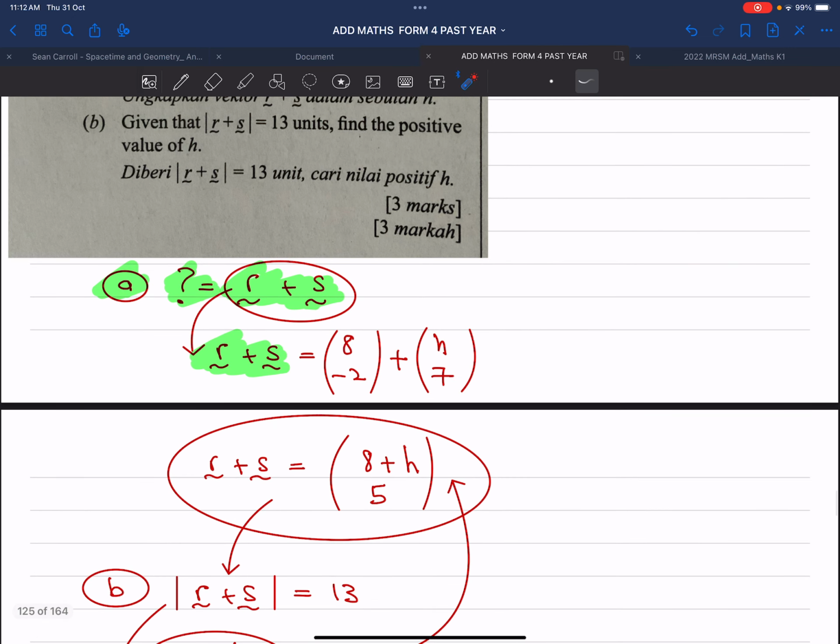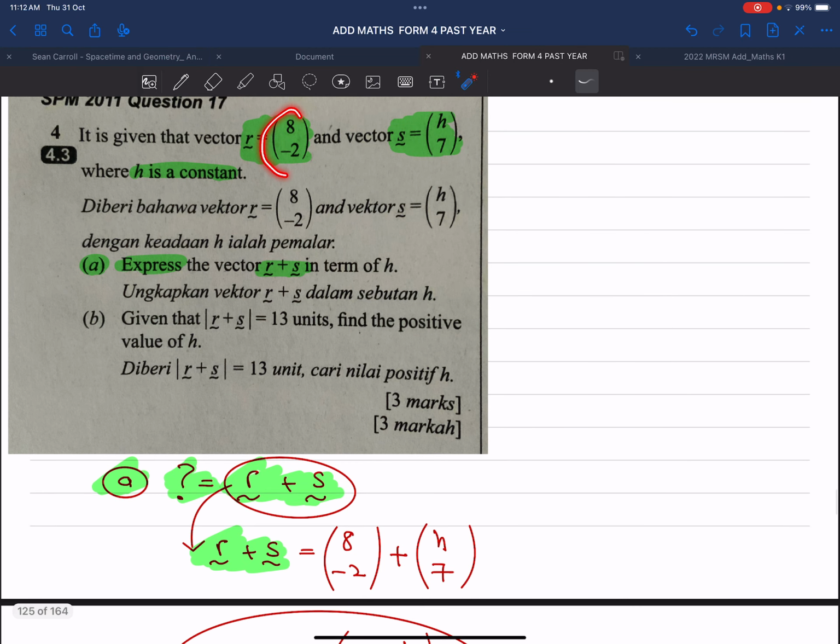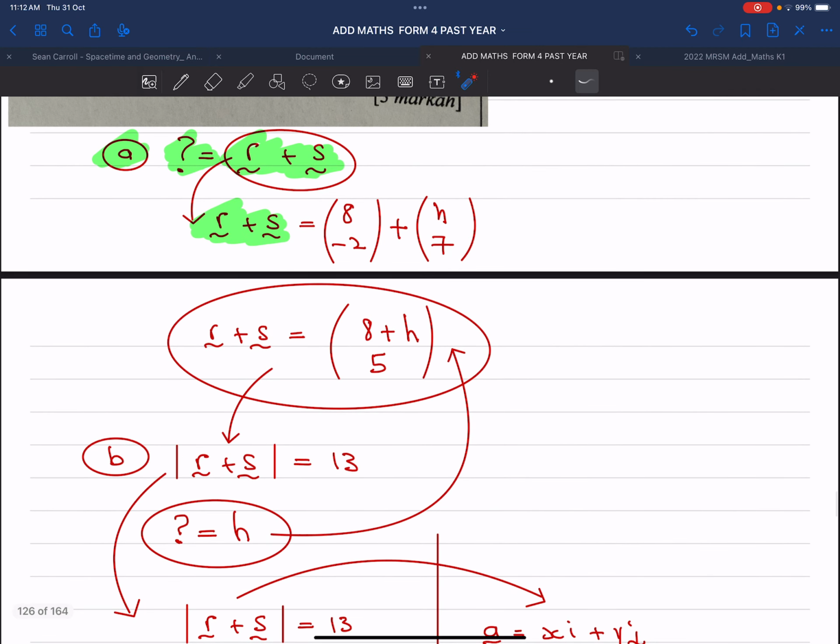So we start from what they ask. They are asking vector R plus S. We start with R plus S. We substitute the vector R, which was already given as (8, -2), plus the vector S, (H, 7).